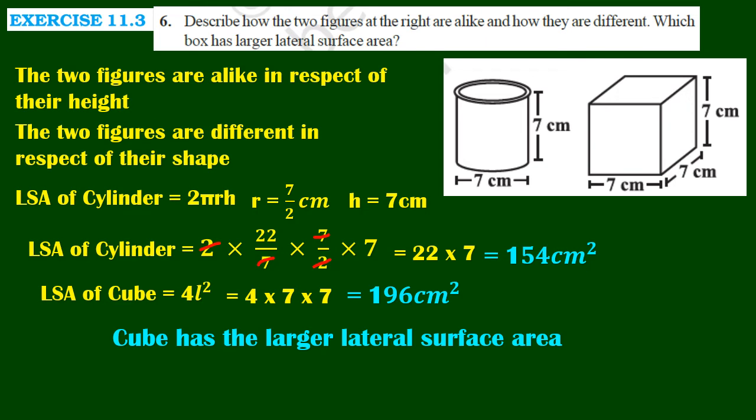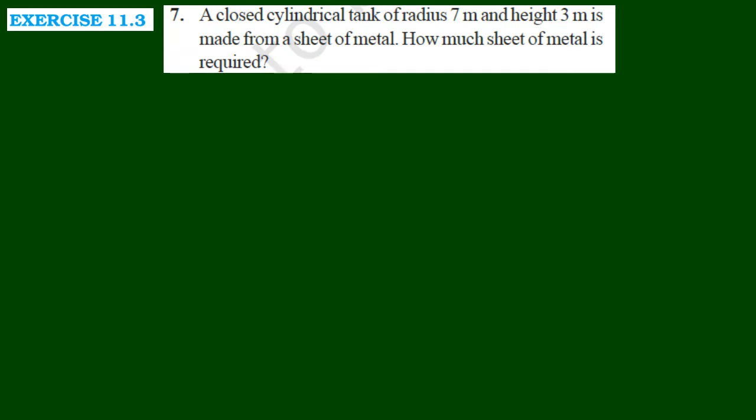Now question number 7. A closed cylindrical tank of radius 7 meter and height 3 meter is made from a sheet of metal. How much sheet of metal is required? Since it is a closed cylindrical tank, we have to find the total surface area of the cylindrical tank.